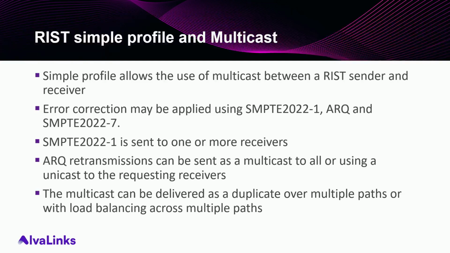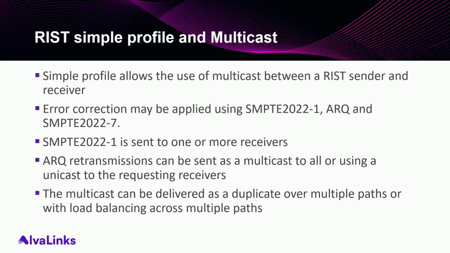The simple profile allows the use of multicast streaming and provides an ARQ level between a RIST sender and a RIST receiver. Error correction can be applied using SMPTE 2022-1 and 2, ARQ, and the use of SMPTE 2022-7 with multipath, so that you sometimes have faster recovery or better results and resilience.